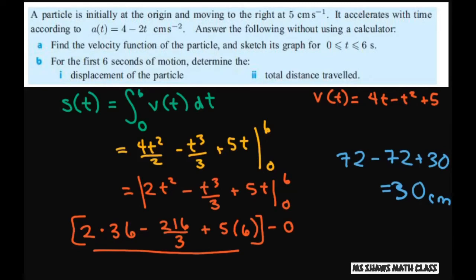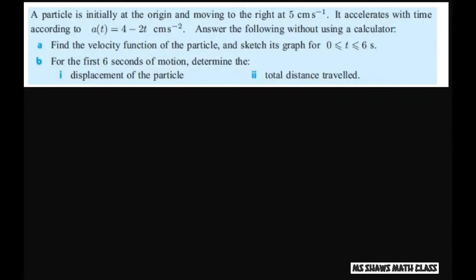Now, for total distance traveled, we already know that v of t equals 4t minus t squared plus 5. And what we want to do is set this to 0, since we can't use a calculator and use our sign diagram.